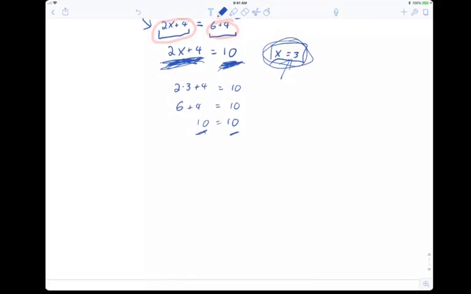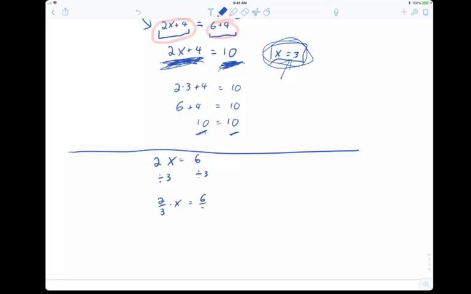So let's try one here. 2x is equal to 6. I want to figure out what the value of x is. I'm going to divide both sides by the number 3. So it's 2 over 3 times x is equal to 6 over 3 is equal to 2.